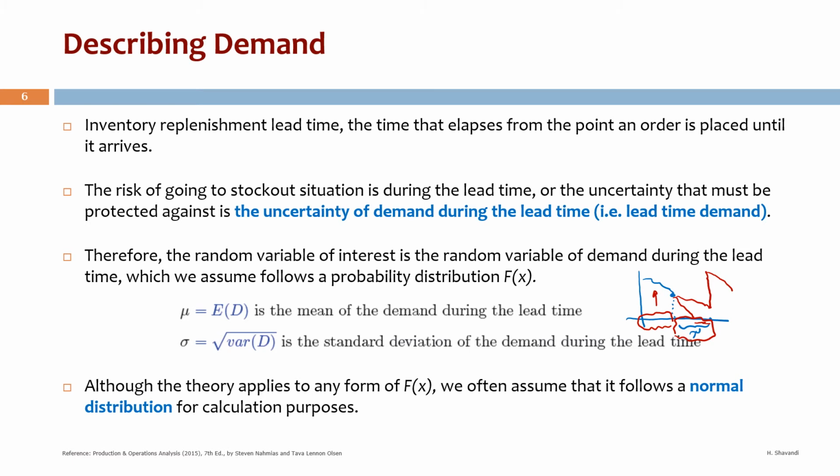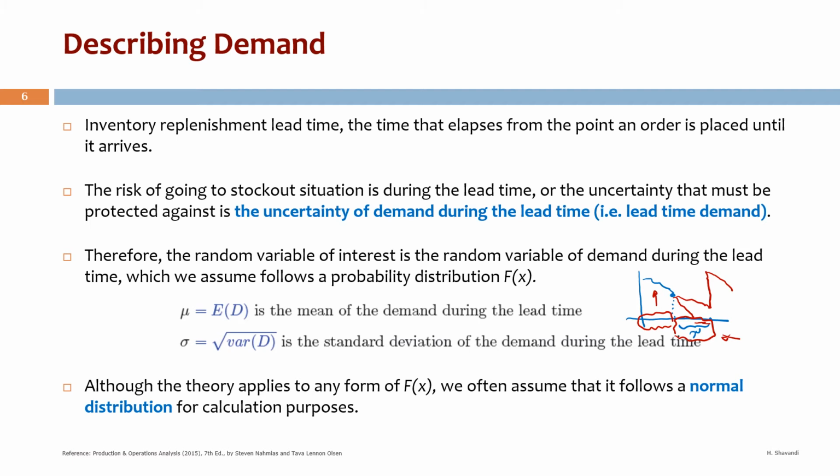There is a risk for being in stock out situation. So because of that, since the only risk here is occurring during the lead time, we can define the random demand for the lead time period.